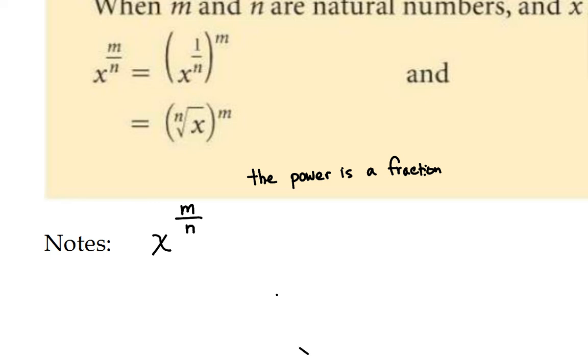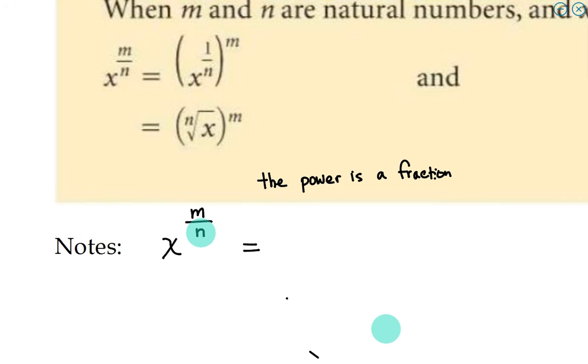Now how to convert that? The denominator of the fraction in the power, it will get put as the index of the radical. That's the most important part.